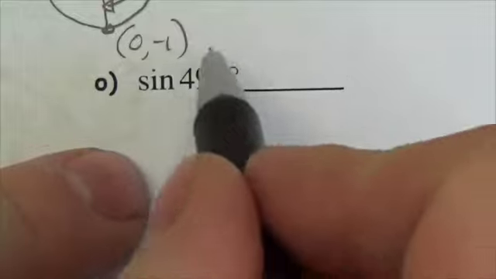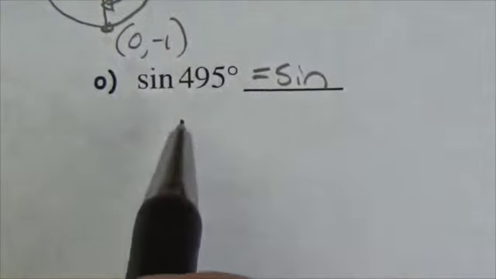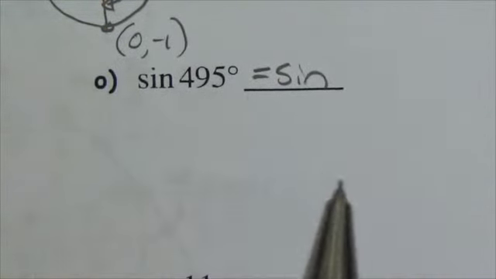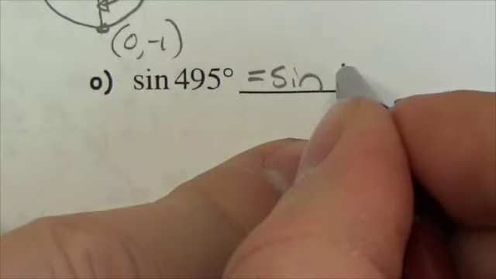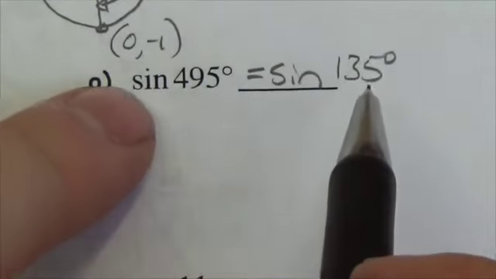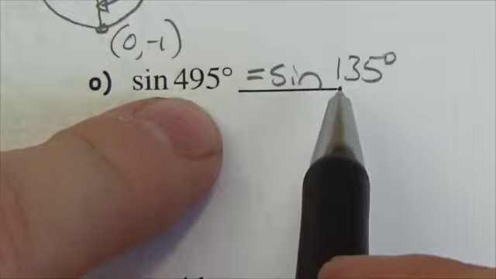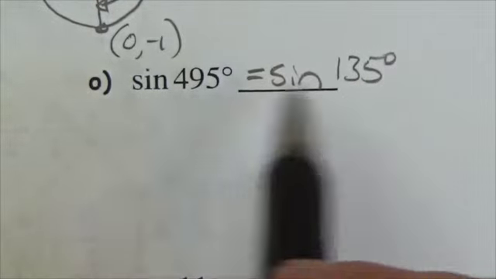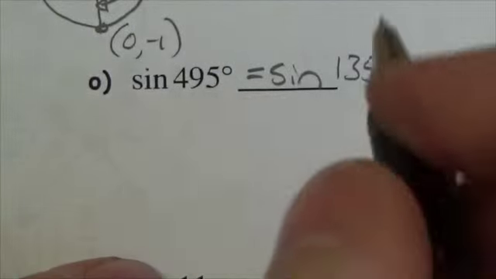So I know that this will be exactly the same as the sine of, now this angle is bigger than 360, I want the principal angle, so I'm going to subtract 360 from that, and I get the sine of 135. Now, are those two the same angles? No. But because they're coterminal, they will have exactly the same sine, cosine, and tangent.